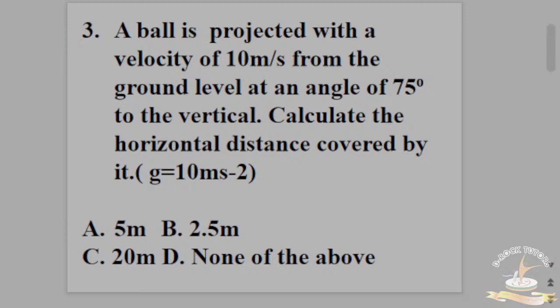So this becomes 100 times sine 30, which is 0.5 or half, divided by 10. 0 here, 0 here, and 10 times half will give us 5 meters. So our range, or the horizontal distance, will be 5 meters, which is obviously option A.